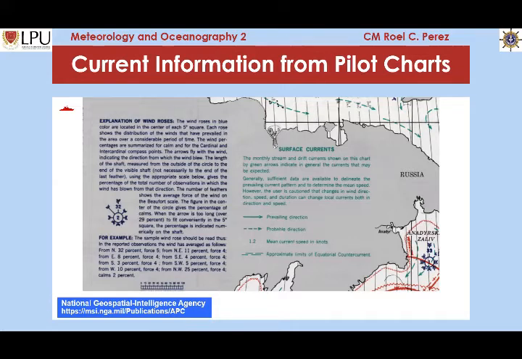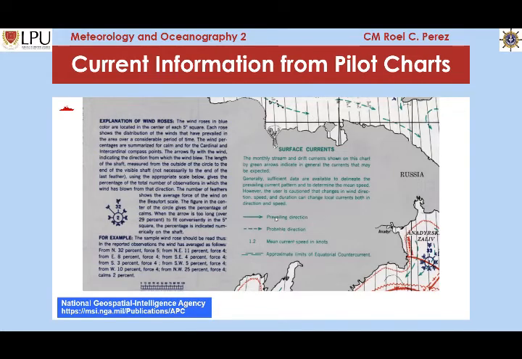That's why now, even if you have these pilot charts, we are now using information from service providers regarding weather, currents, and the best way to put your waypoints.